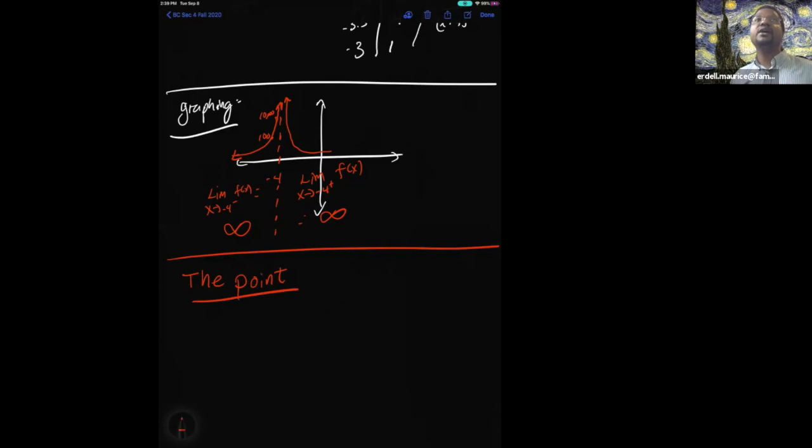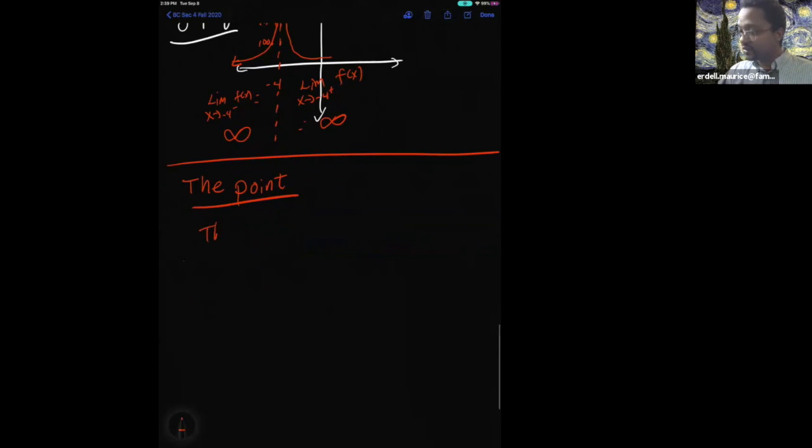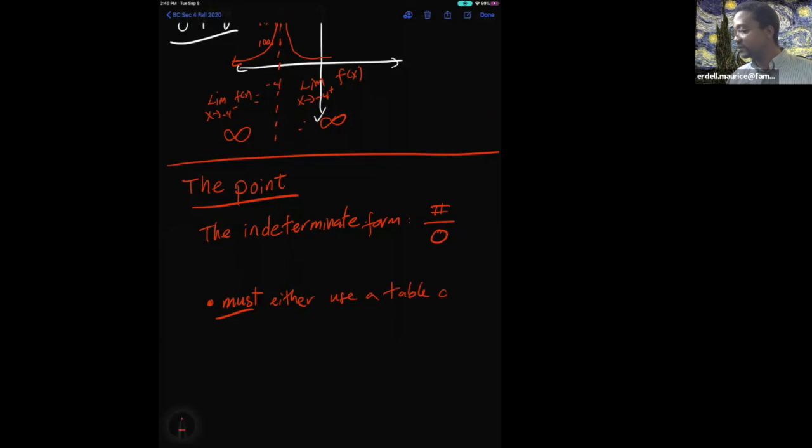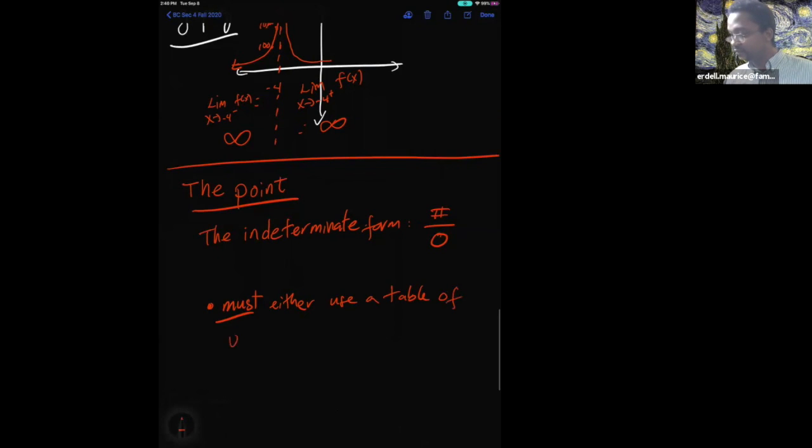The point of all is whenever you have the indeterminate form of a number divided by 0 right here, the first point is you must either use a table of values or a graph to solve.